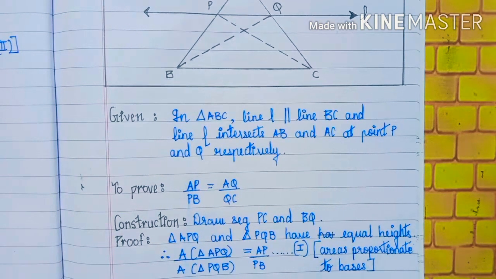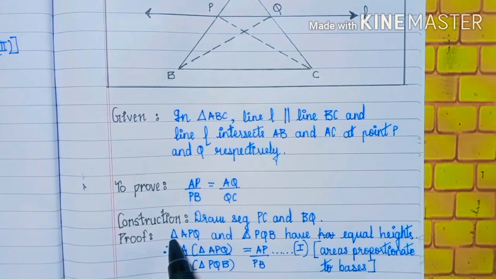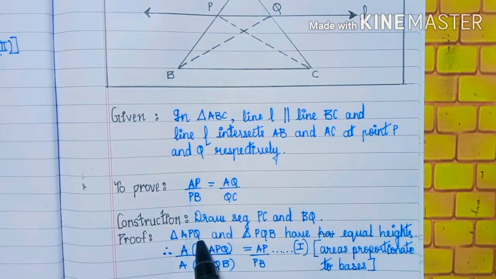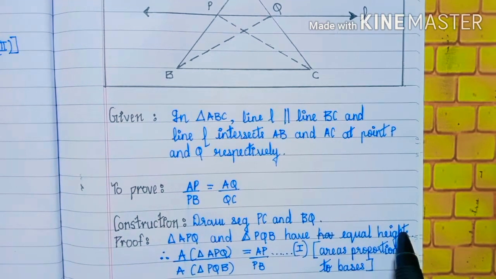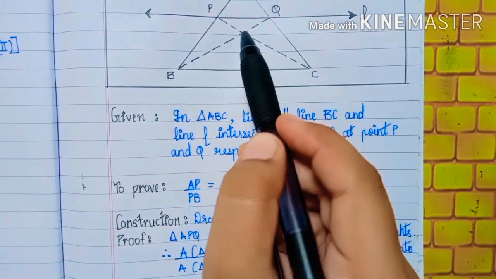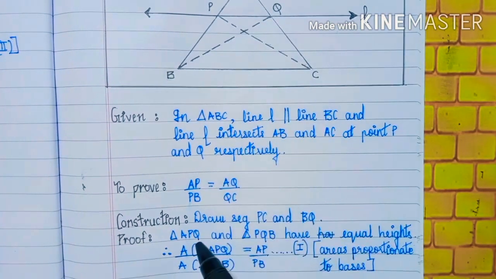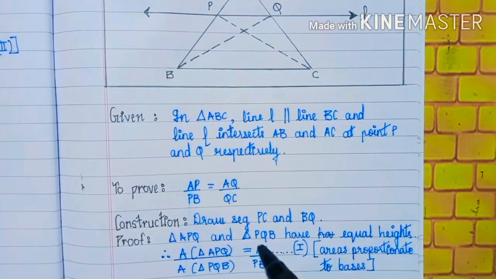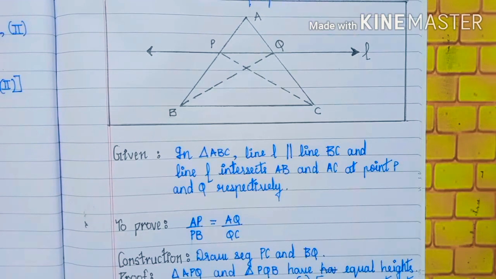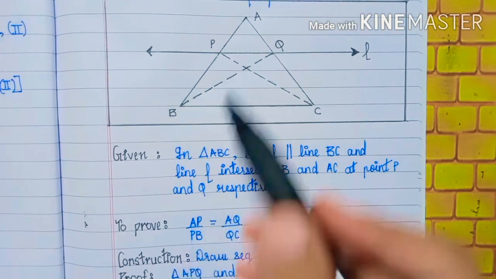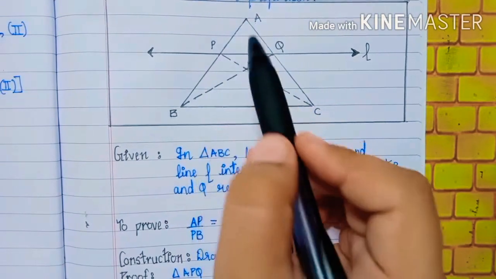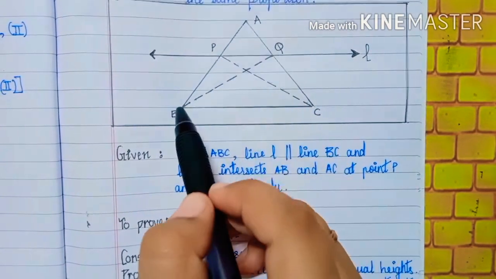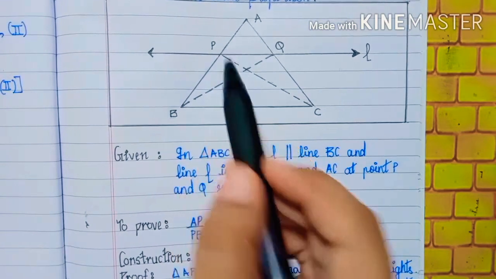Proof tells us that triangle APQ and triangle PQB have equal heights. Let us see in the diagram where is triangle APQ and triangle PQB. So in the diagram, we see that triangle APQ is this triangle and triangle PQB is this triangle.